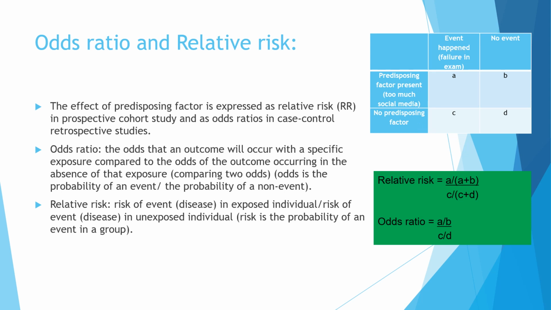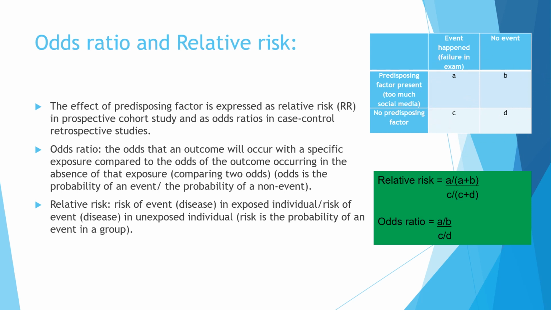So if you want to have the odds ratio now, it will be 4 divided by 6, which is about 2/3, and then divided by 1 over 9.